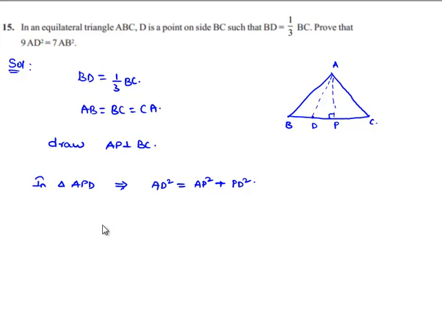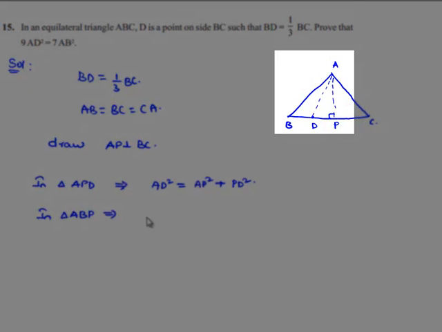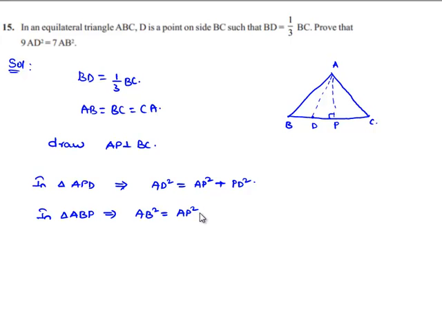Now again in triangle ABP, by applying Pythagoras theorem, hypotenuse square, that is AB square, is equal to the sum of squares of the other two sides, that is AP square plus BP square.